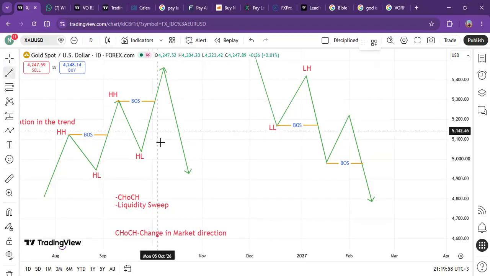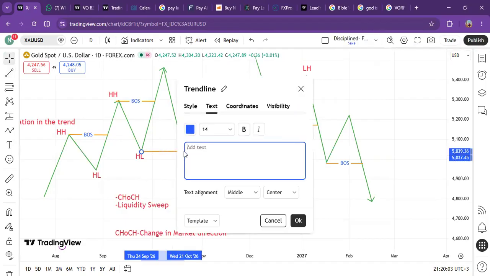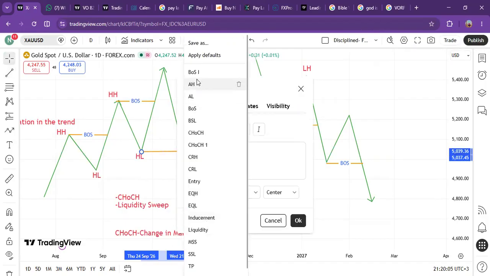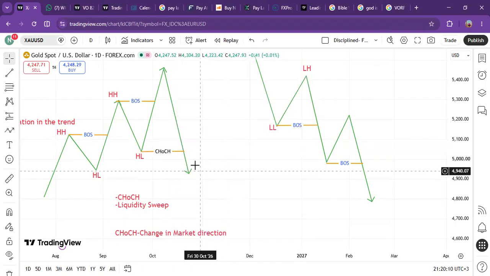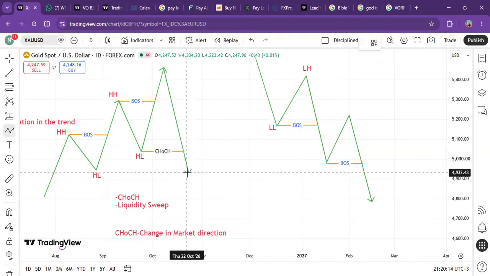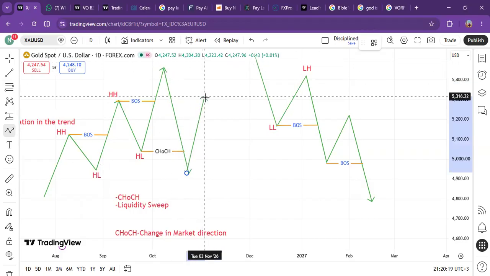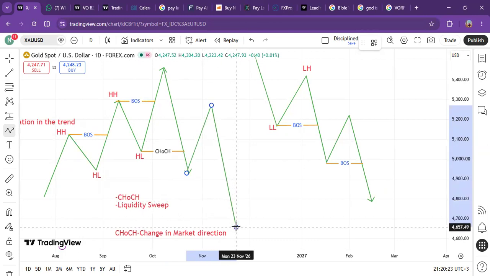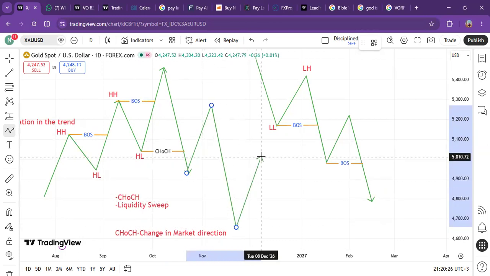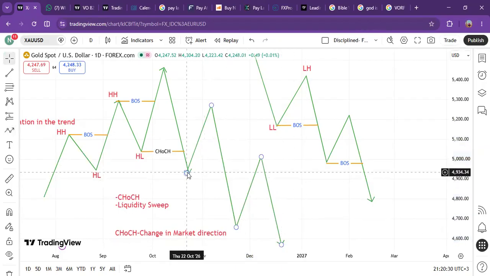So if the market closes below here, if it's a change of character, you expect the market to move up and not close above this high. So you expect the market to just retrace on the upper side and continue with the normal direction. So you will have the market do something of that sort.